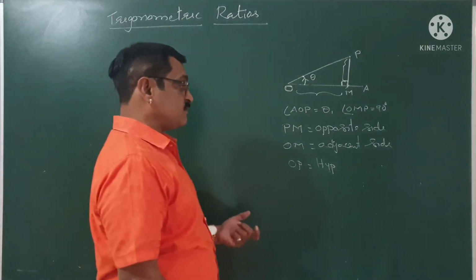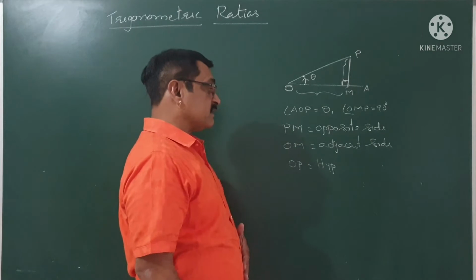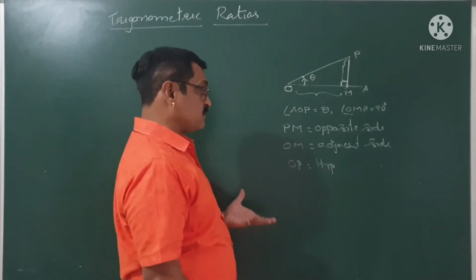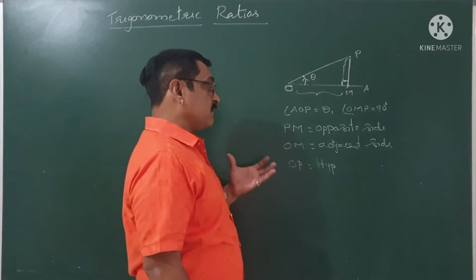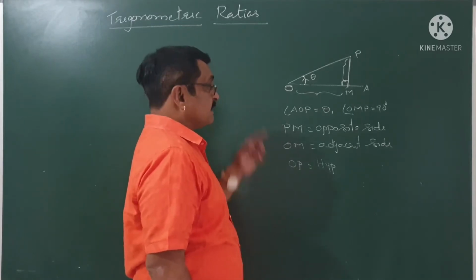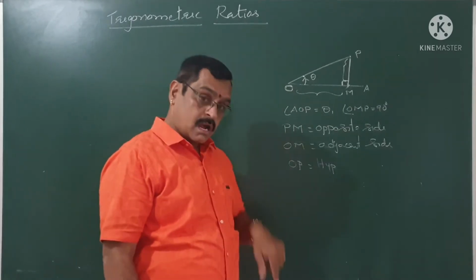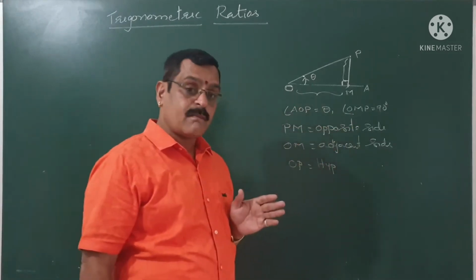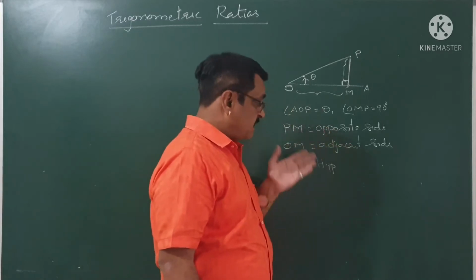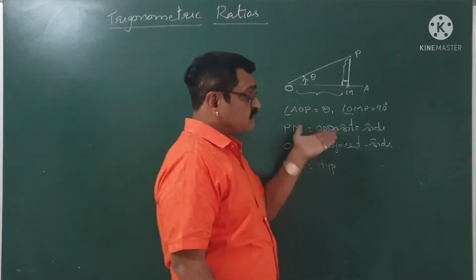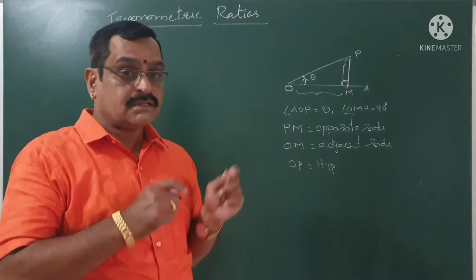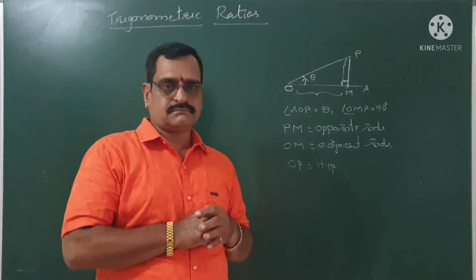Now I want to observe the ratio between the pair of sides of these three. Is there any relation between the angle theta and the ratio between opposite side and hypotenuse, adjacent side and hypotenuse, or opposite side and adjacent side? This is my lesson.